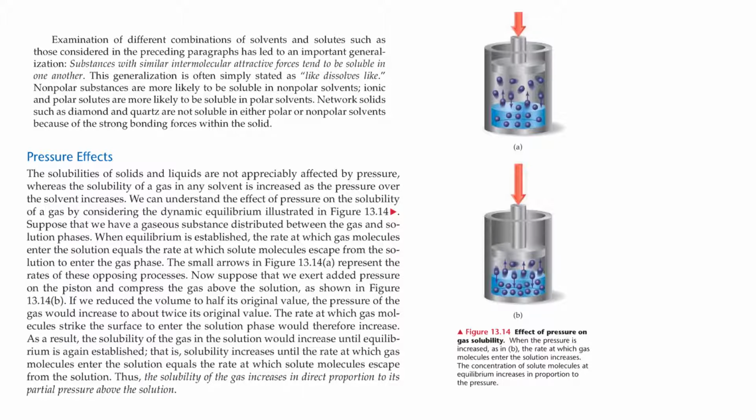As a result, the solubility of the gas in the solution would increase until equilibrium is again established. That is, solubility increases until the rate at which the gas molecules enter the solution equals the rate at which the solute molecules escape from the solution. Thus, the solubility of a gas increases in direct proportion to its partial pressure above the solution.